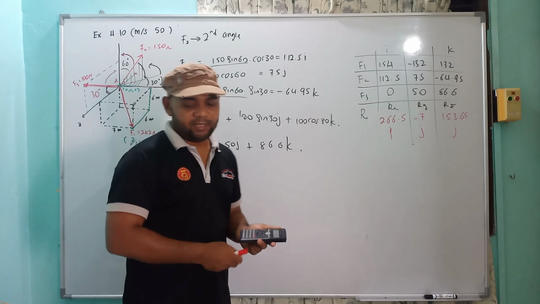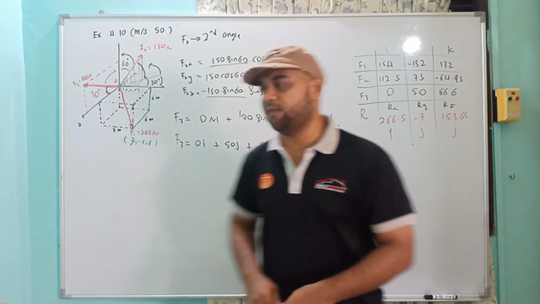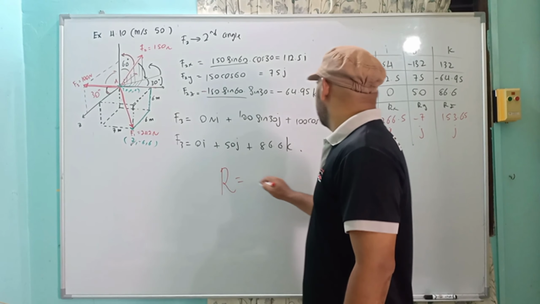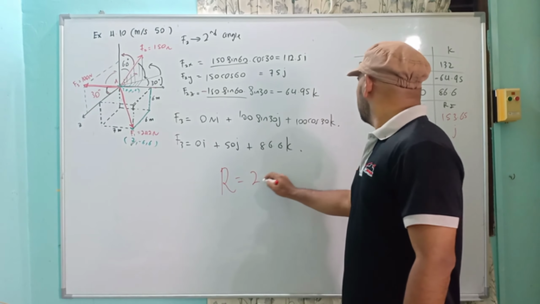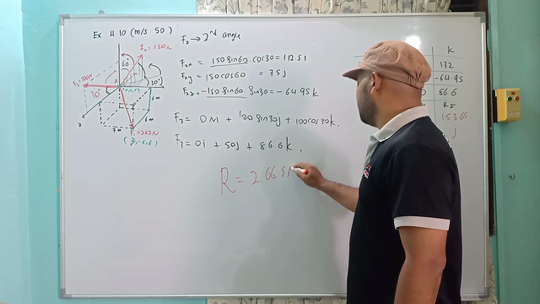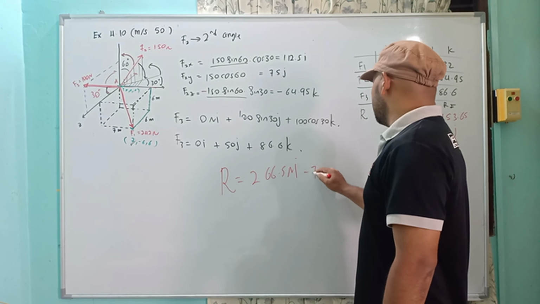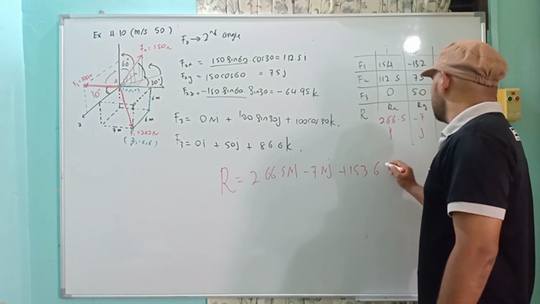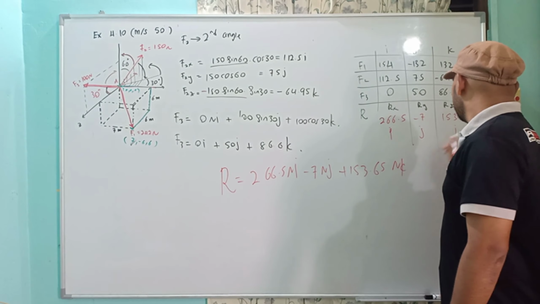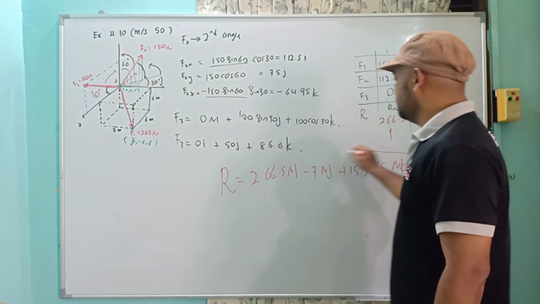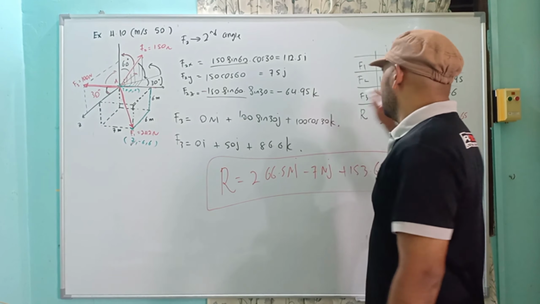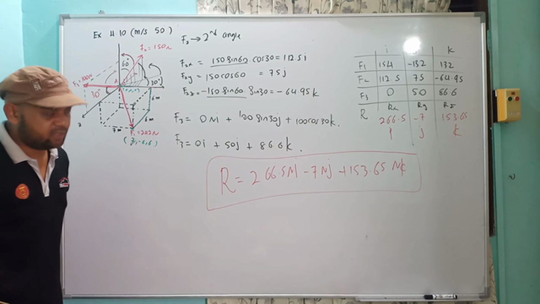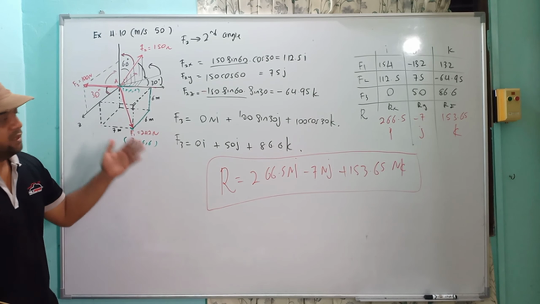Okay, so the question asks you to find R in terms of IJK. So your answer is R equal to 266.5 Newton I minus 7 Newton J plus 153.65 Newton K. So we have the first answer. The first question you have answered, the R in terms of IJK.